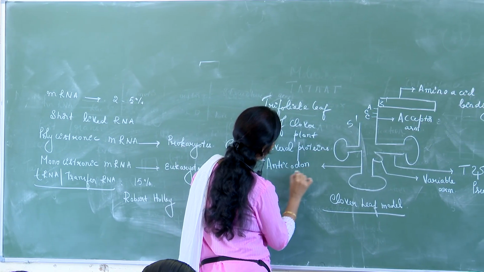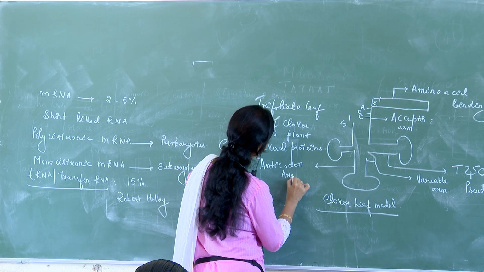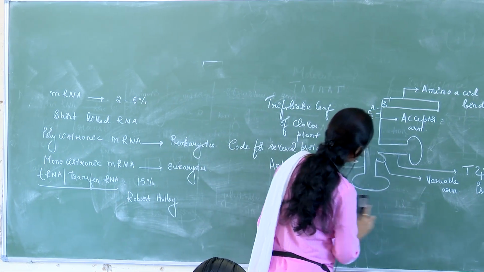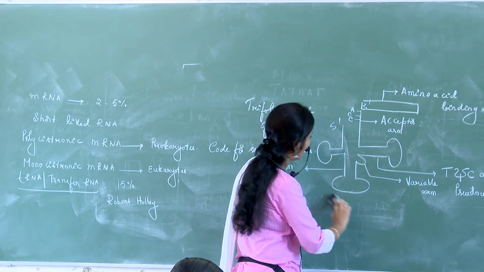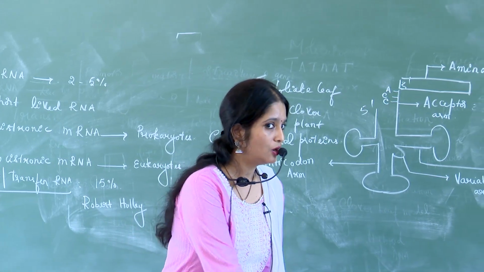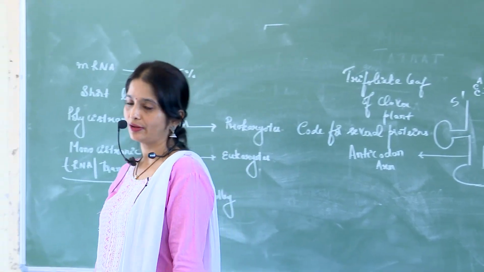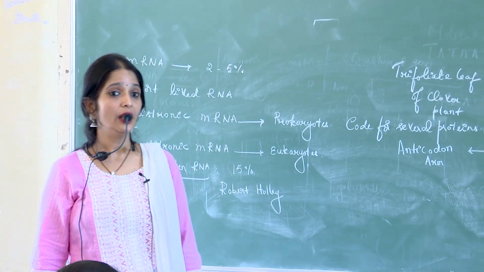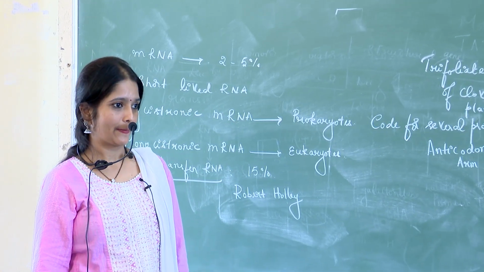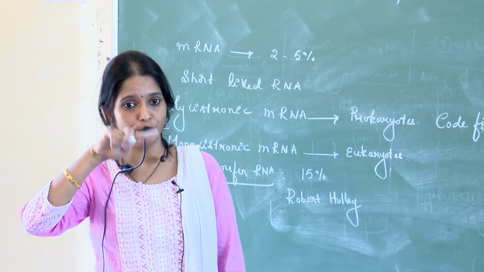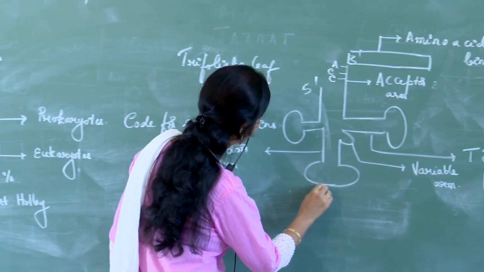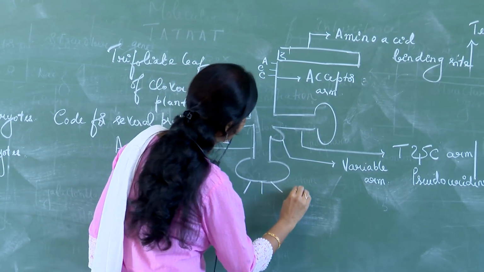The next arm is known as the anticodon arm. If you see the anticodon arm, students, it has got a stem and it has got a loop. Stem is there, loop is also there, right? Now what is the function of this anticodon arm? The loop has got 3 nucleotides.